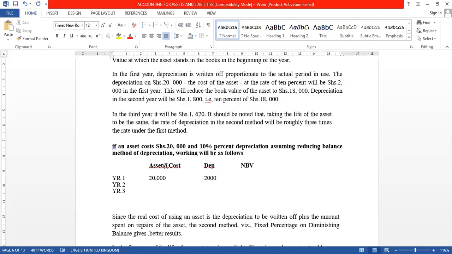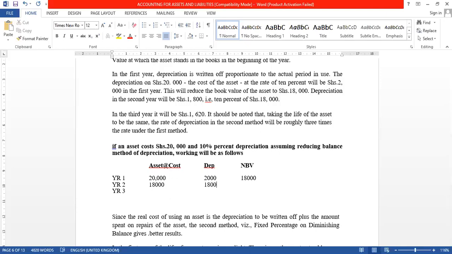I hope we agree up to that point. But the net book value becomes 18,000, right? Under the reducing balance method, it is this balance that starts the second year. That will be our beginning balance. Then from there, we charge 10% of that, which will become what?